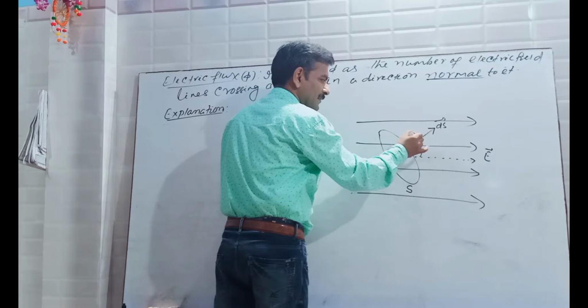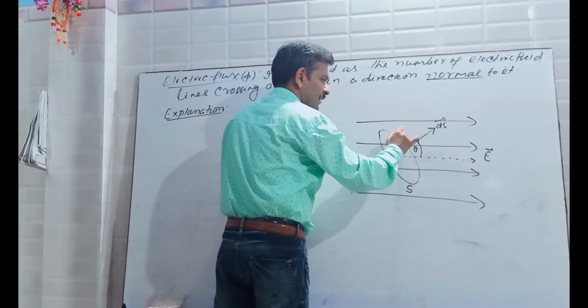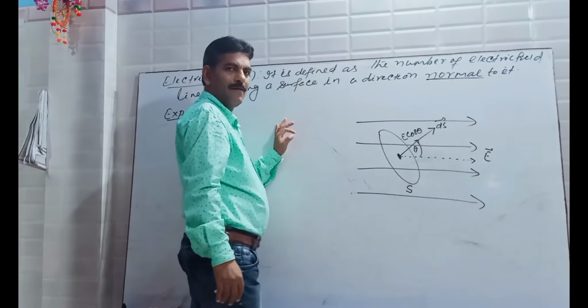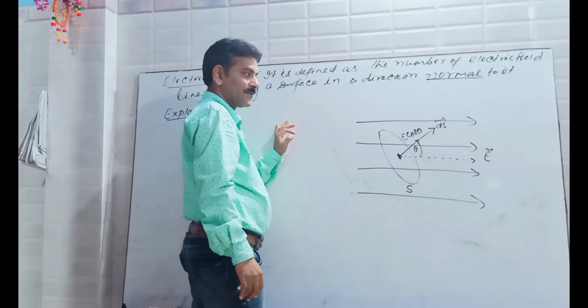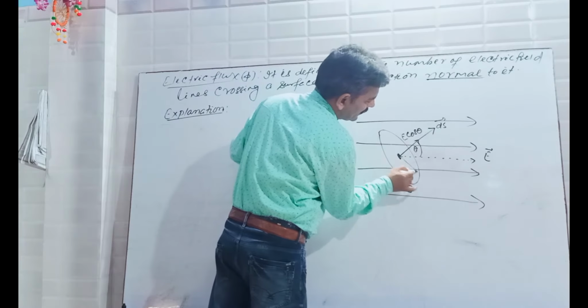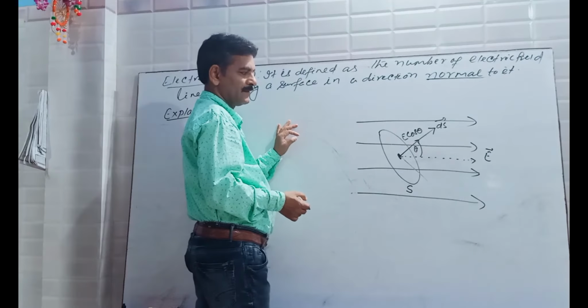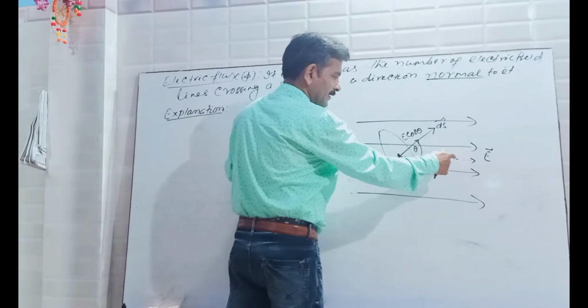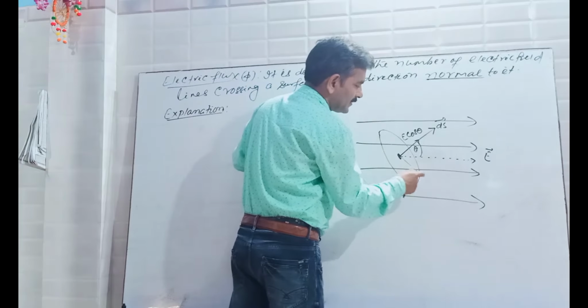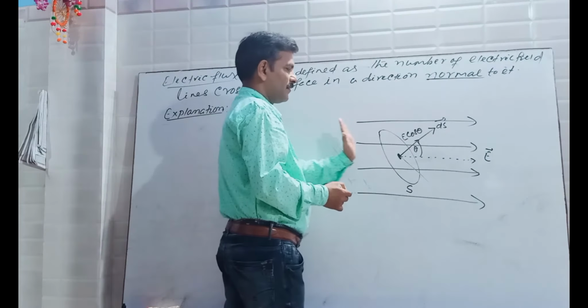If I resolve the electric field into two components, you get one component, E cos theta, and another component perpendicular to this. If this is E, this is your E cos theta and this is your E sin theta.